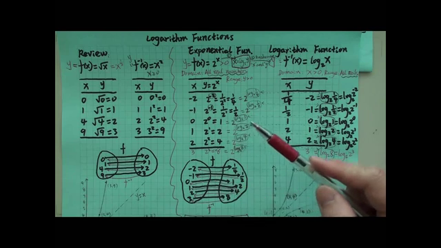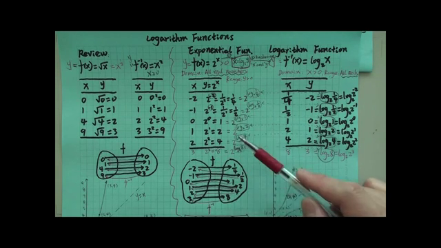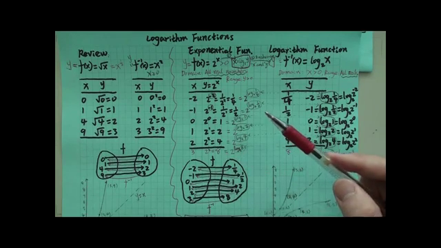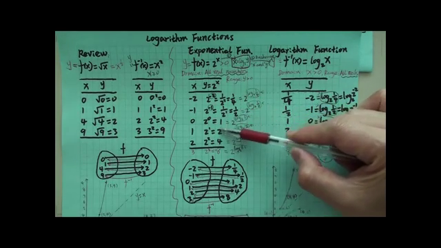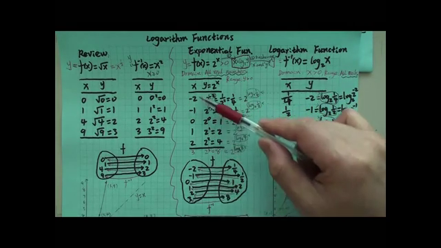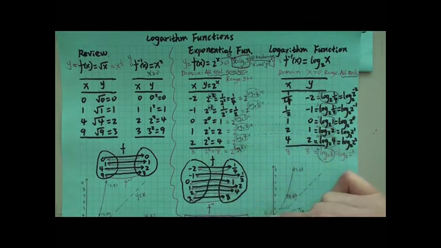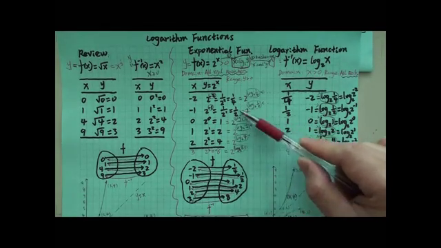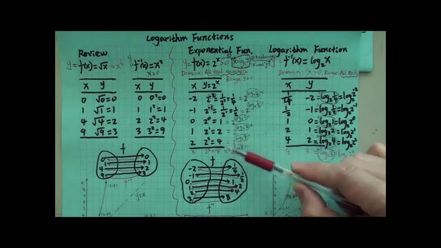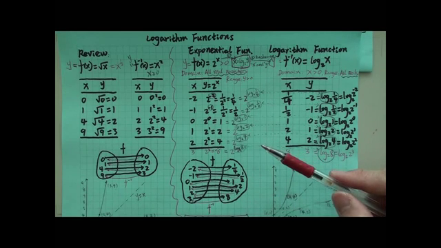That's a popular mistake. 2 cubed is 8, because that's 2 times 2 times 2. 2 times 2 is 4, times another 2, you got 8. That's important. So we have x, then we have y. Put in the picture, -2, -1, 0, 1, 2, 3 is here. Then you have the corresponding values right here: 1/4, 1/2, 1, 2, 4, and 8. Now, what's the inverse?